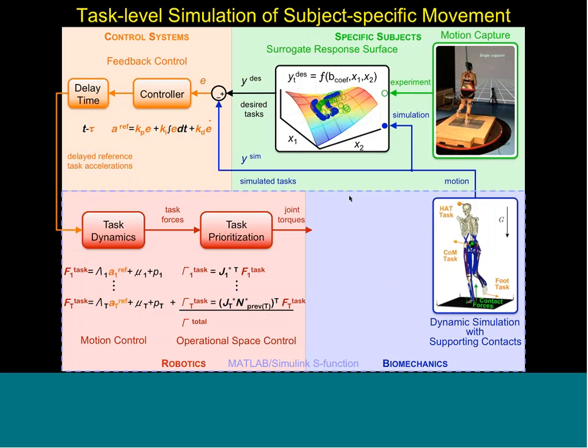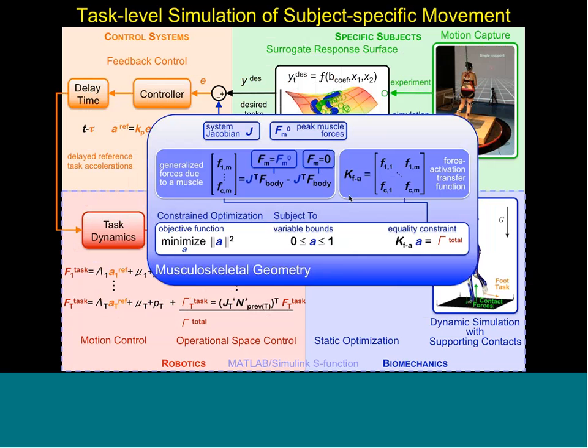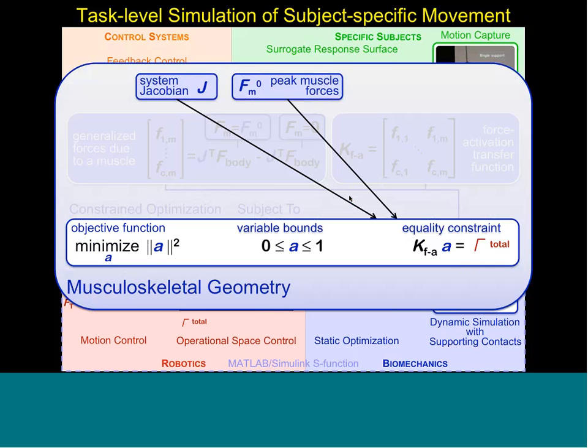Then these torques, we wanted to convert them to muscle activations. In order to do that, similar to static optimization, it's a redundant problem. The optimization seeks to minimize the muscle activation squared, which is basically the reduced metabolic cost for each muscle, within the design variable bound of 0 to 1.